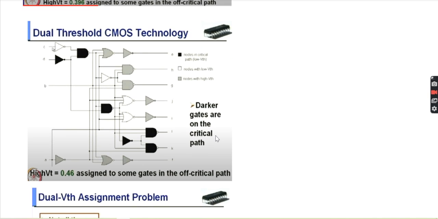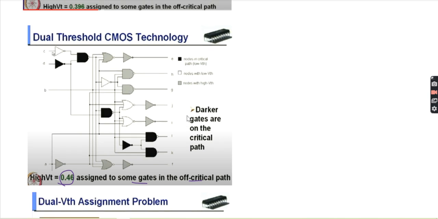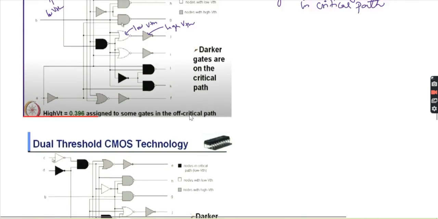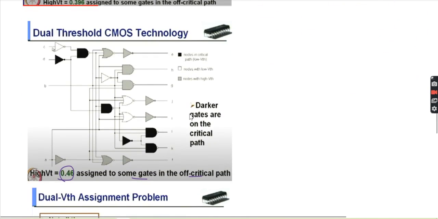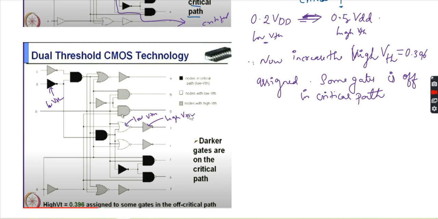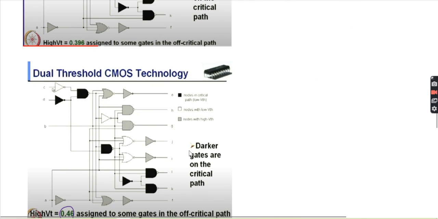Again we are assigning the 0.46 high VTH to some gates in the off critical path. Now if you compare with the simulation results, you can see this. Previously for 0.396 when you assigned, see here, this is an example I'm saying, this as high, correct, but now when you see here, you see this as low.